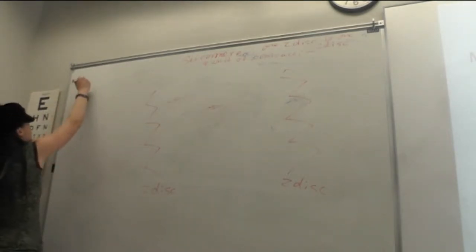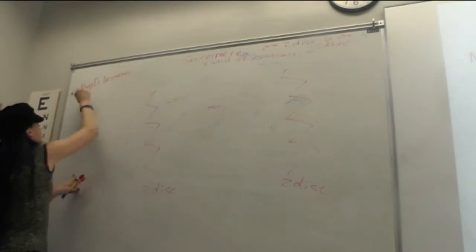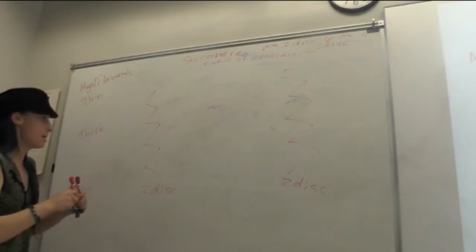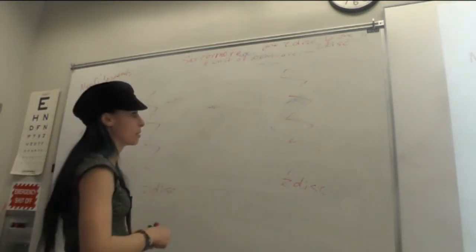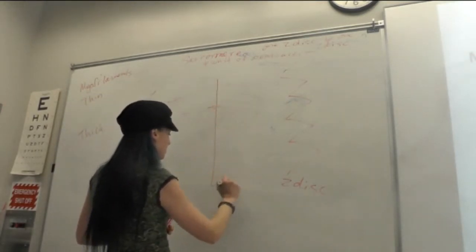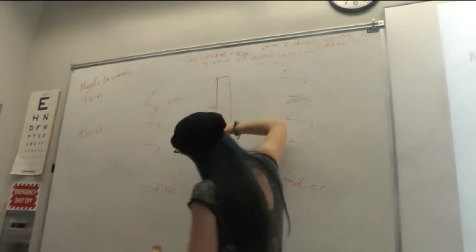So, for myofilaments, I've got two types. I've got thin and thick filaments. And so let's just look at this so we can get our striation and our sarcomere really quick, and then we'll zoom in. So, in the middle of my sarcomere, I have this region right here that's anchoring all of my thick filaments. We call this the M line.